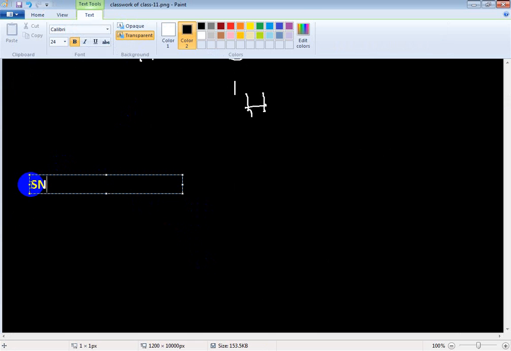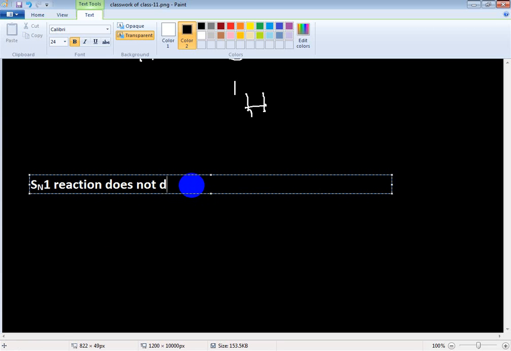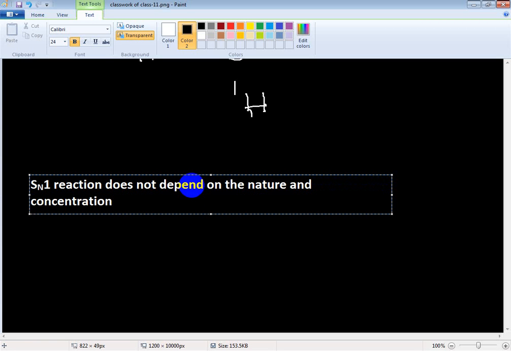SN1 reaction does not depend on the nature and concentration of nucleophile.